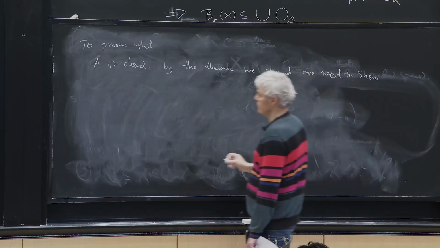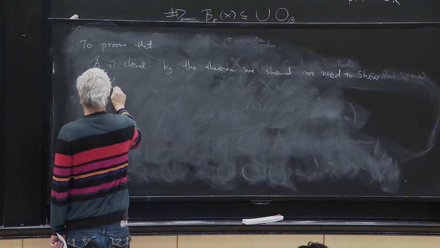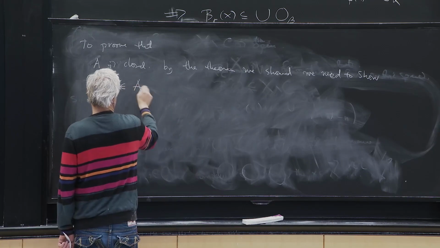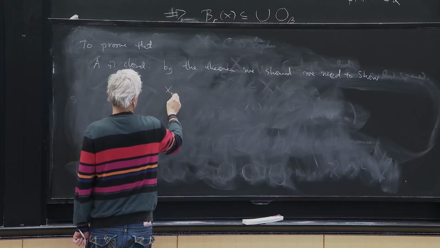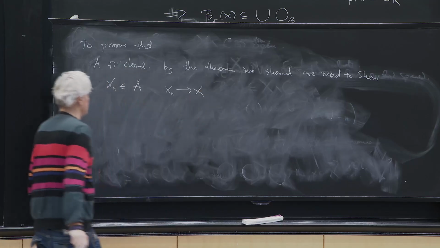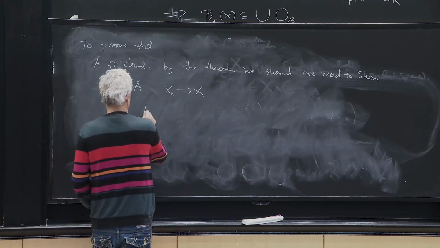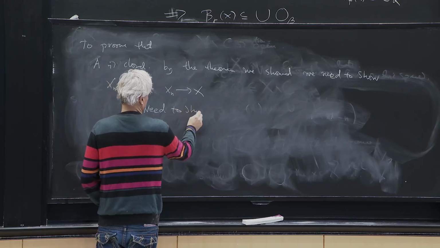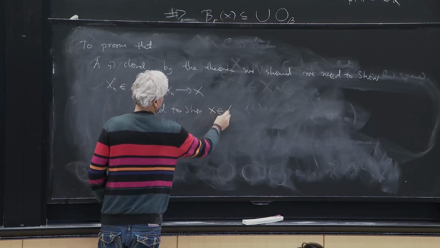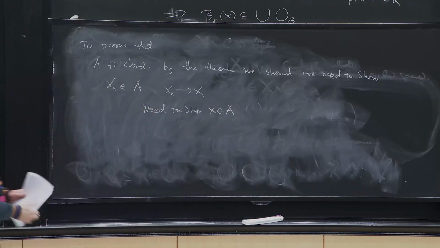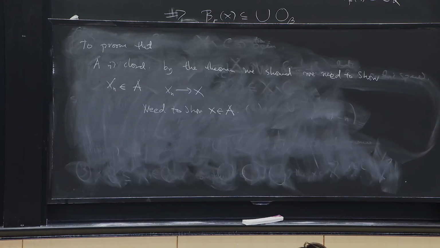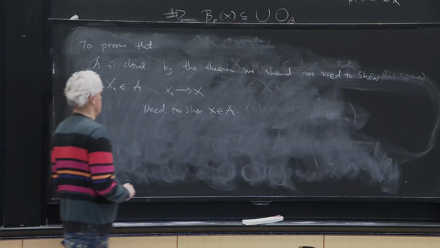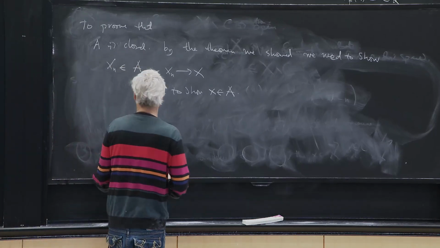that if xn is a sequence in A, and xn is converging to some x, we need to show that x is also in A, right? Suppose not.